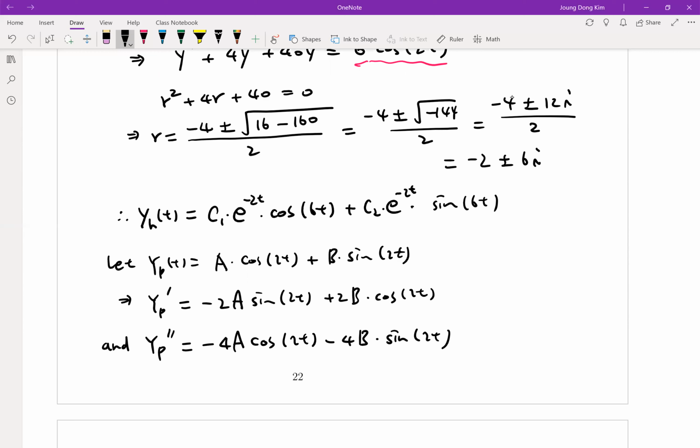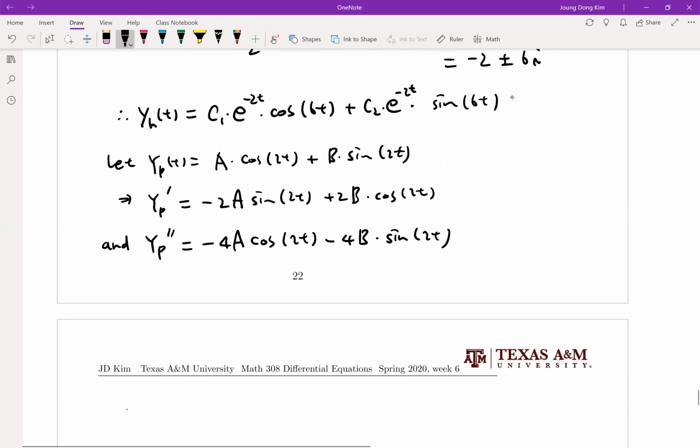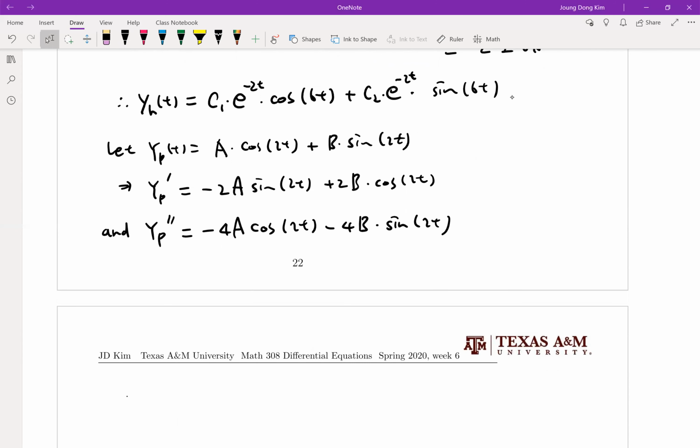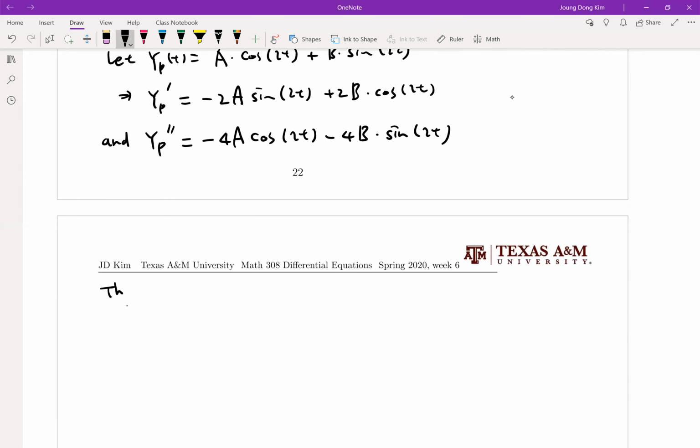Now we are ready. We're going to plug all this y prime and y double prime into the differential equation. My differential equation, y double prime plus 4y prime plus 40y is equal to 8 cosine 2t, will be in this form.